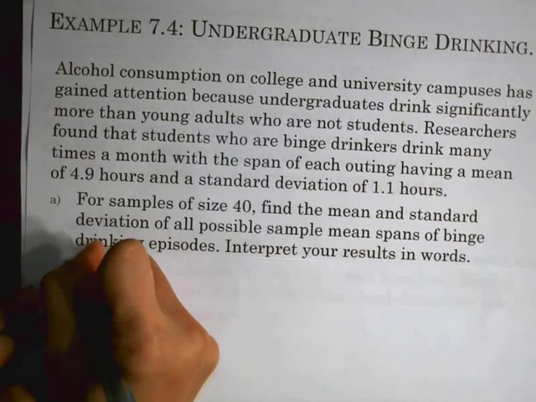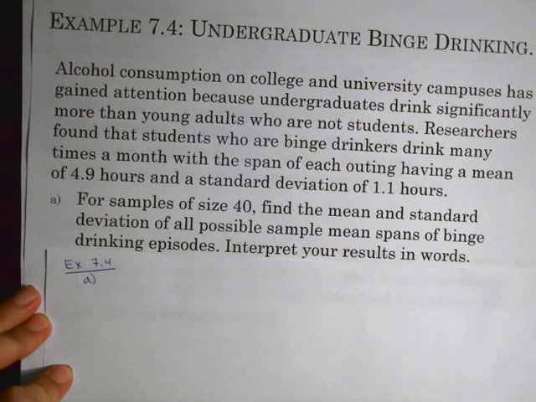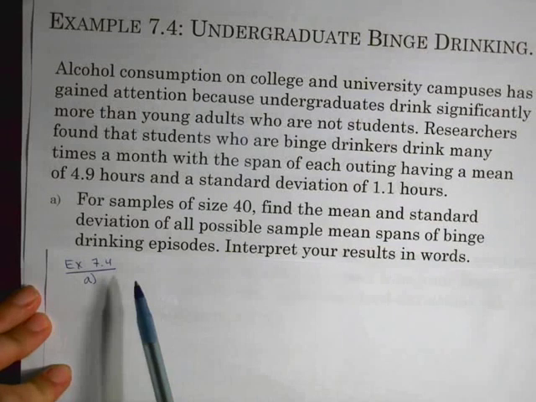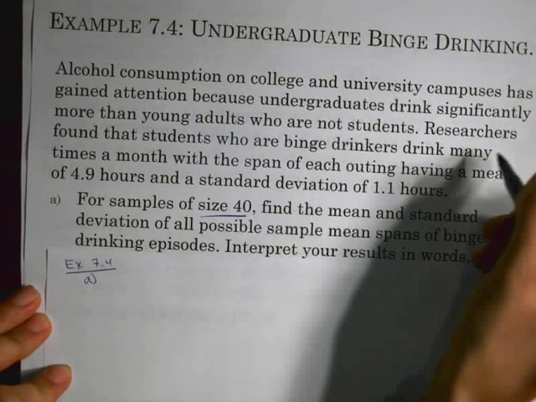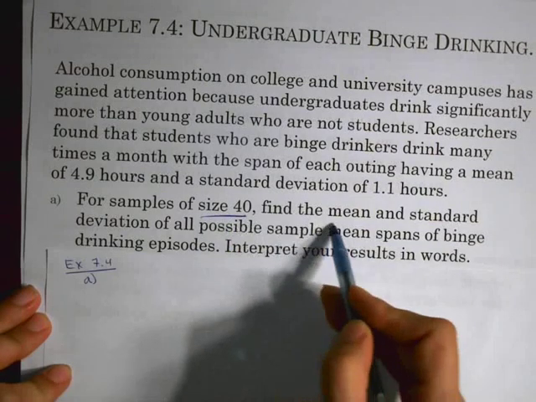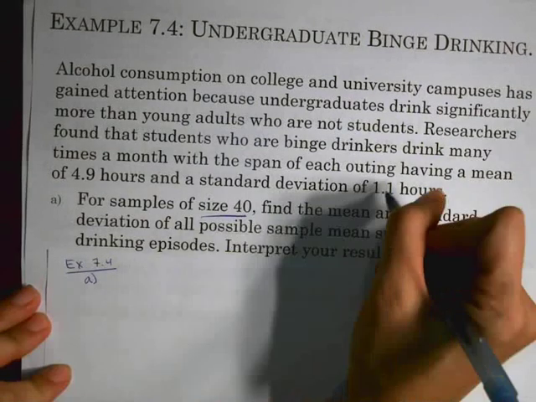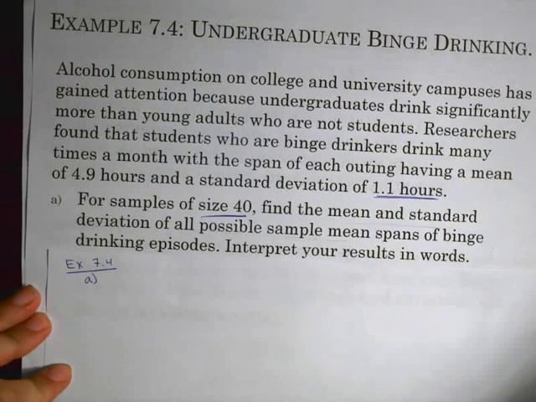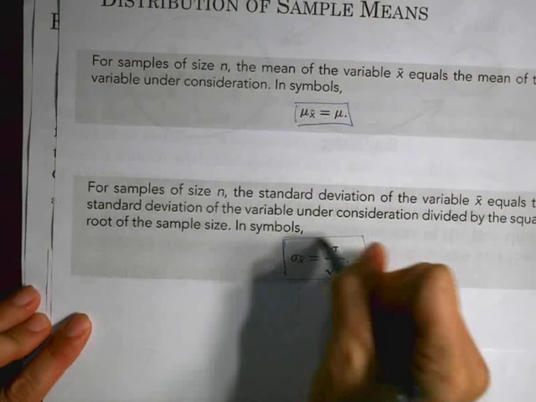Okay, so I have a sample of size 40. If you already think you know how to do it, now would be a great time to pause and make sure that you know what you're going to do. Think about what equation we are going to use. We're going to take 40 out of this whole population of all undergraduate binge drinkers and find the mean and standard deviation from that. The standard deviation is 1.1 hours.